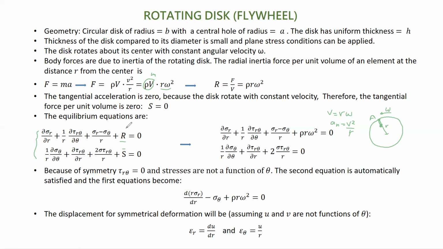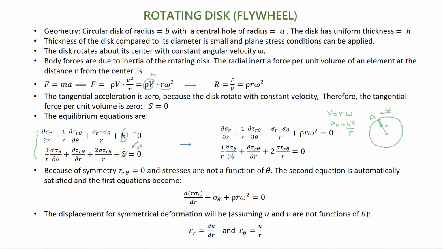So your R here is rho R omega squared. So for the rotating disk, S is equal to 0. I don't have transverse loading due to inertia. I only have a radial loading.